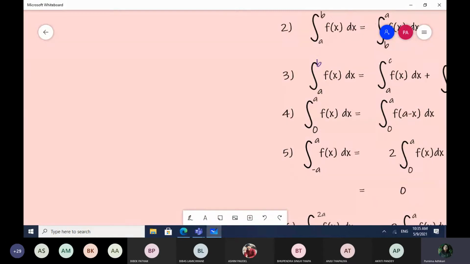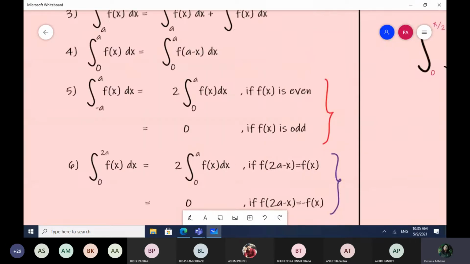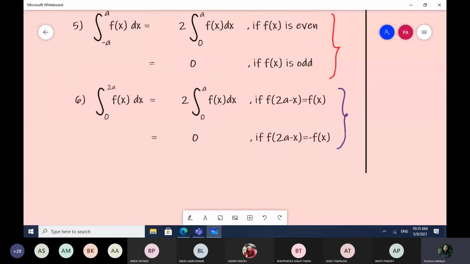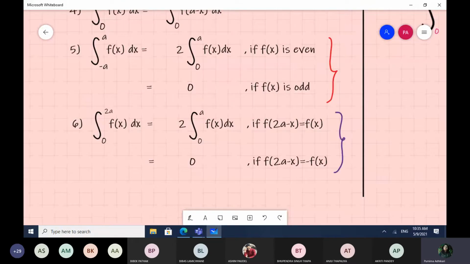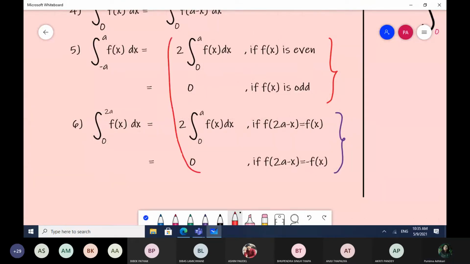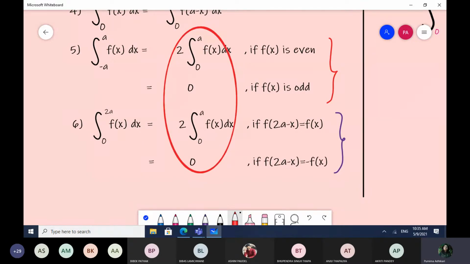Let's look at another property, the last property. You see the result is the same in both cases. Again, two conditions here also. And the limits of integration are different. Earlier it was minus a to a. This time it's 0 to 2a.